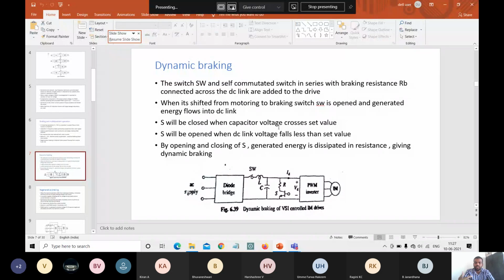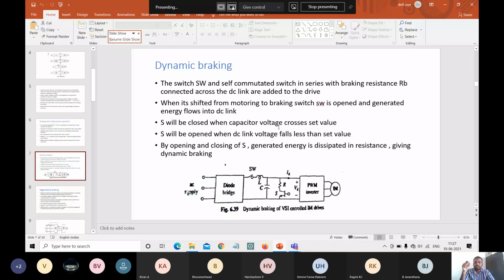So what happens then? Then the generated power, the part of the energy. Now the capacitor voltage has crossed the prescribed value. So after crossing, what happens? The generated energy and the power that is stored in the capacitor is flown into the resistance.